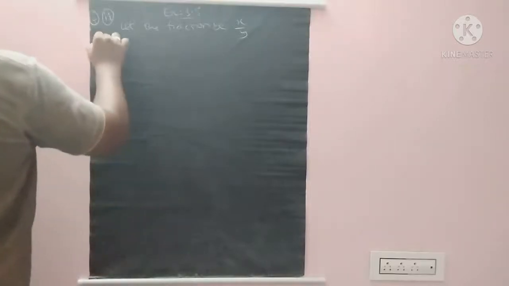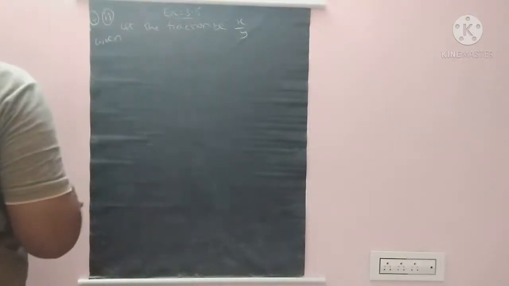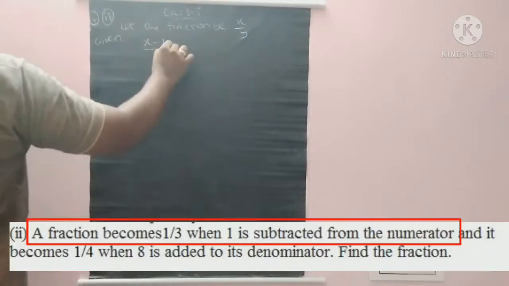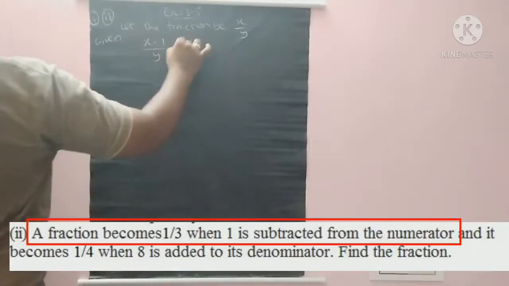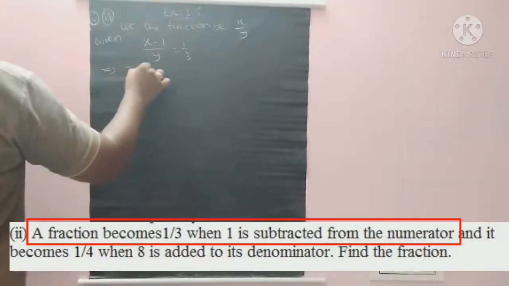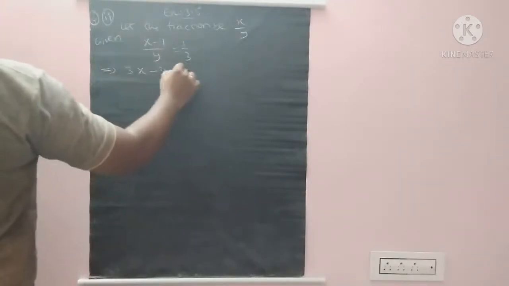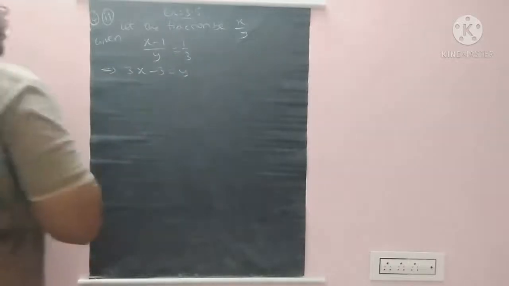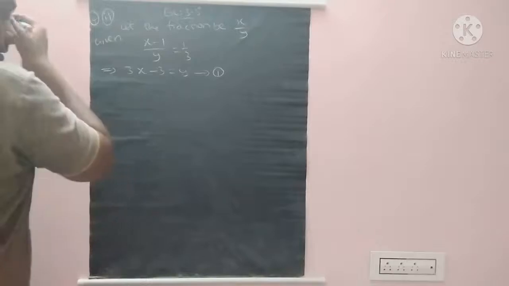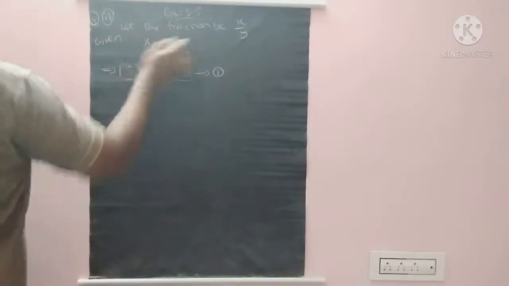Given, if 1 is subtracted from the numerator, then it should become 1 by 3. So we can write this as, by cross multiplication, 3x minus 3 equals y. Let it be equation 1, so we got the y value here.